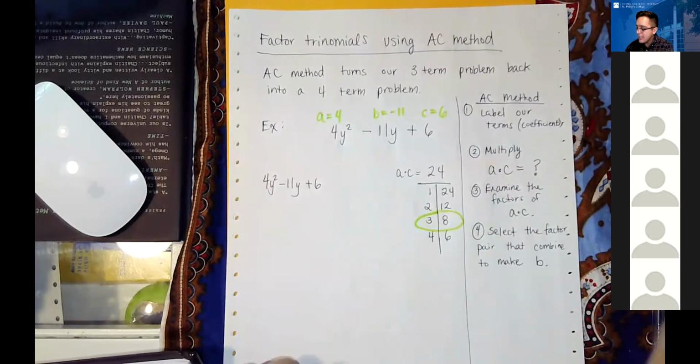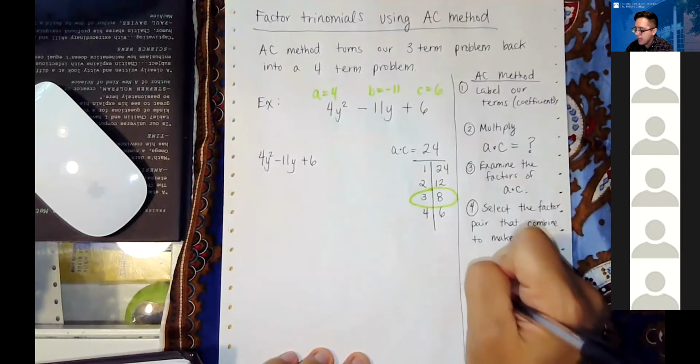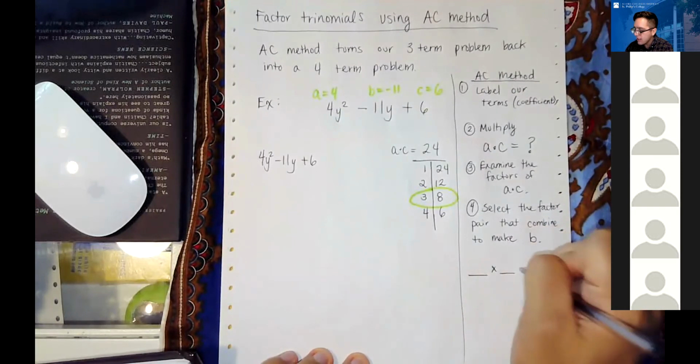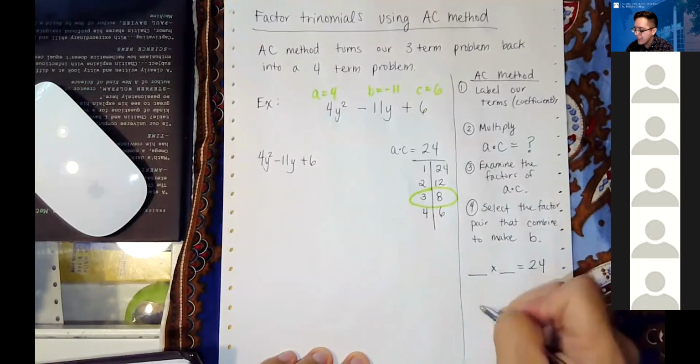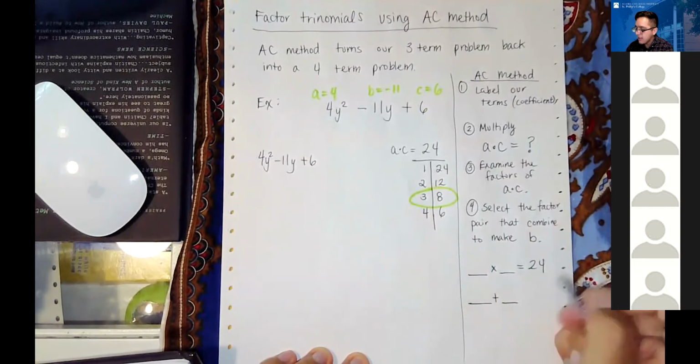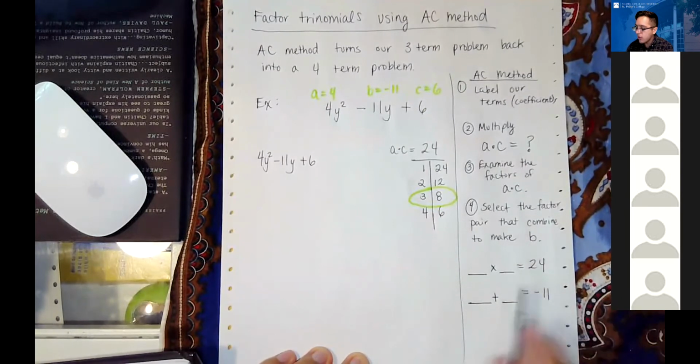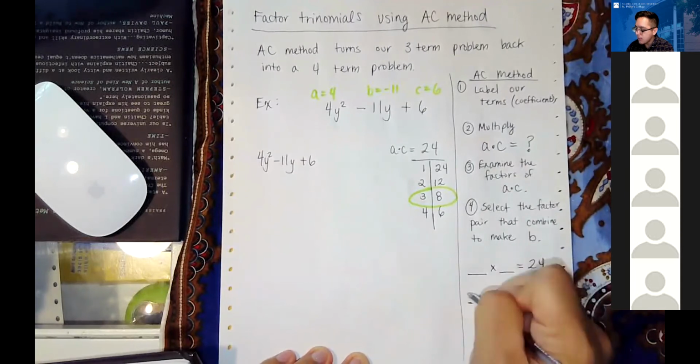But the key thing here is that we need these factors to multiply to make 24, to make that A times C, and they need to add to make that -11. Well, the only way that 3 and 8 are going to give us -11 when you add them is that they would both have to be negative.